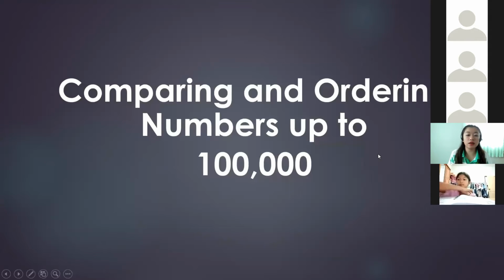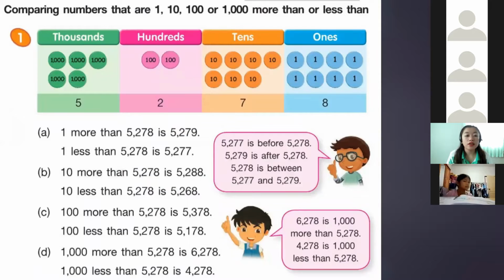Here we have comparing and ordering numbers up to 100,000. We're going to start with comparing numbers that are 1, 10, 100, or 1,000 more than or less than. When we say more than, you add, or plus. Less than means subtract, or minus.